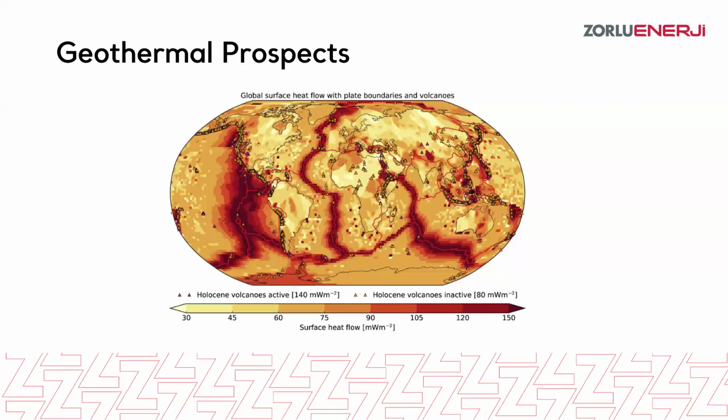If you want to produce electricity, there will be a different energy demand from the system. If you will use a direct use application using it as heat, there will be different energy demands. So it depends on those energy demands. It is possible to use geothermal energy in the regions which have average surface heat flow values as well.